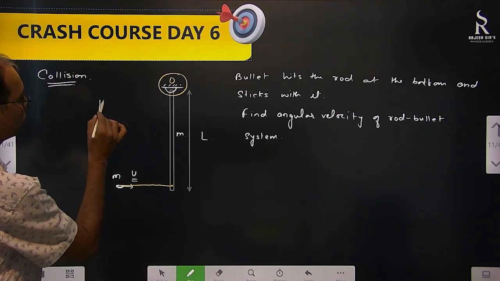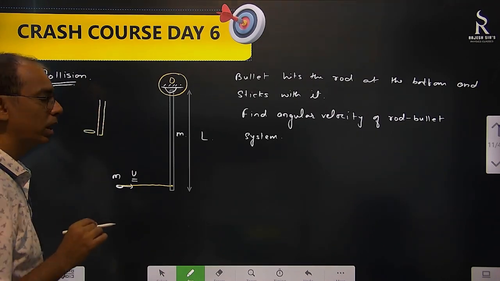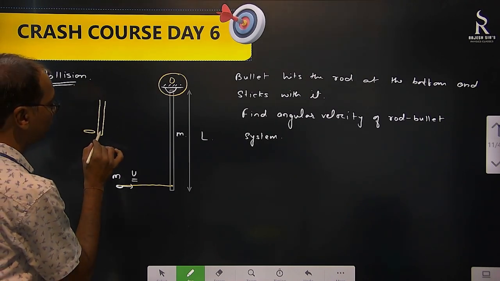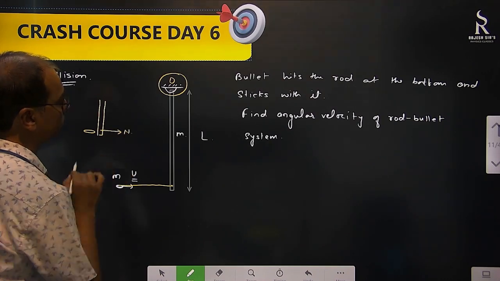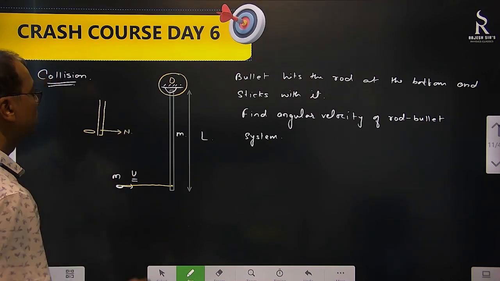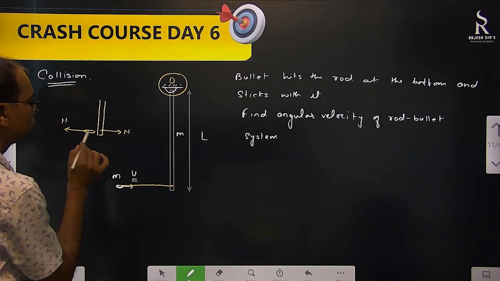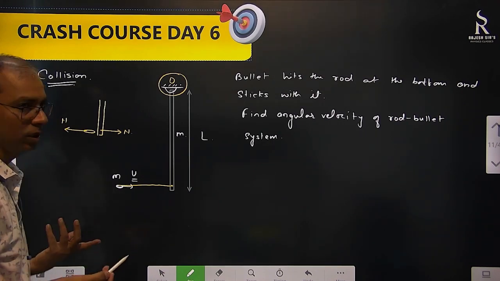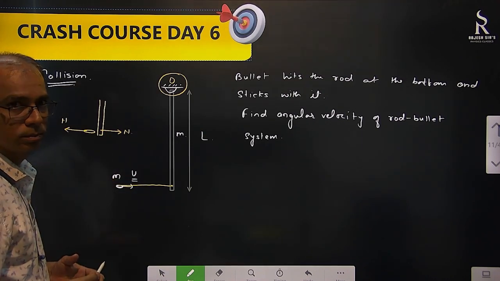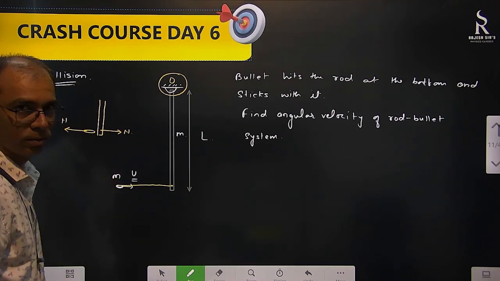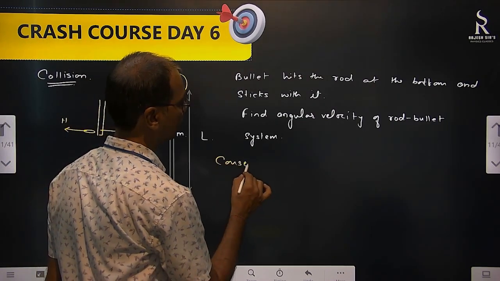This is the rod, the bottommost point of the rod is this, and here is the bullet. The bullet applies a normal contact force on the rod during the collision, and the same way the rod applies a normal contact force on the bullet. So if these two are the system, then the net force is 0, so torque about this point will also become 0. Correct or not? So I can conserve angular momentum about the point of suspension.